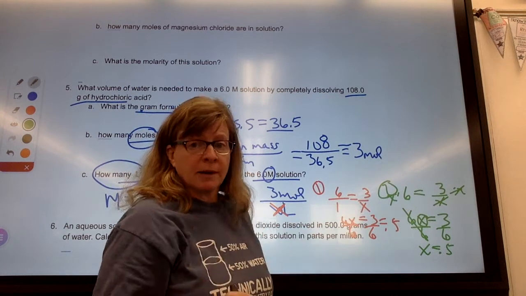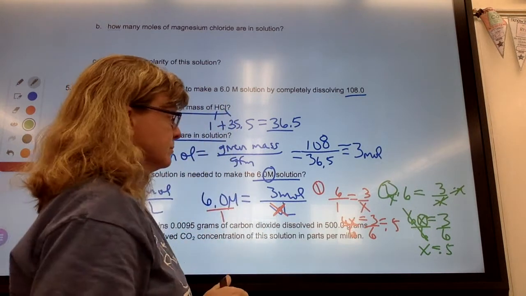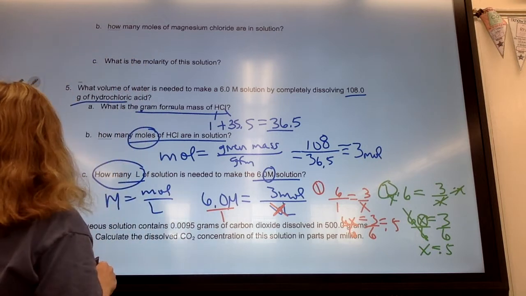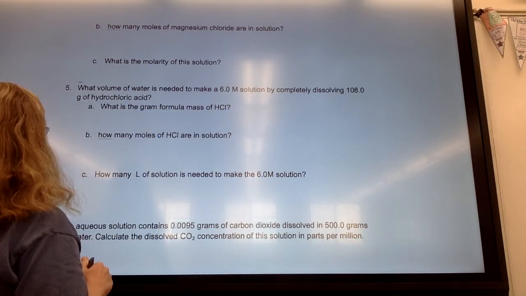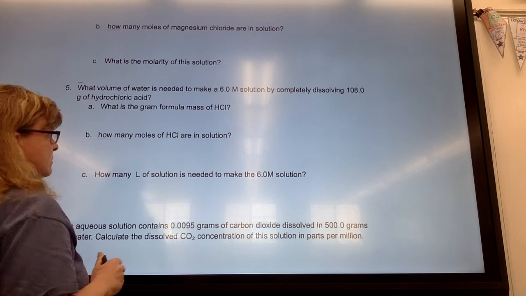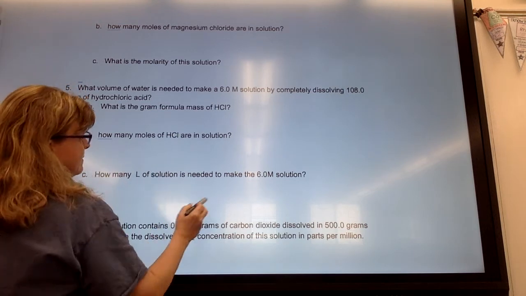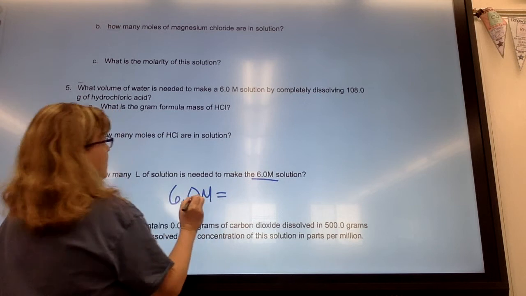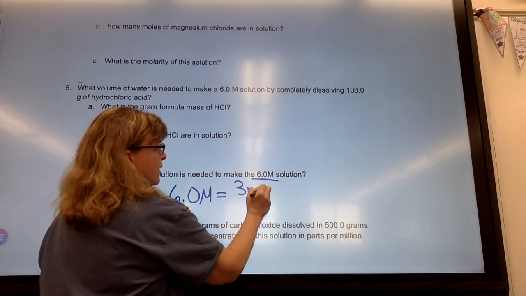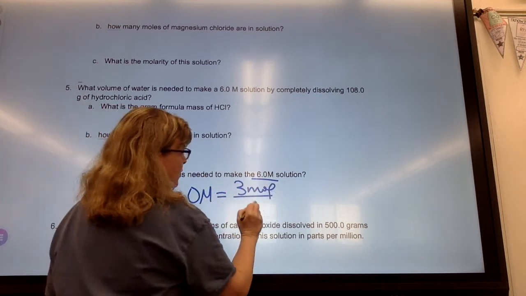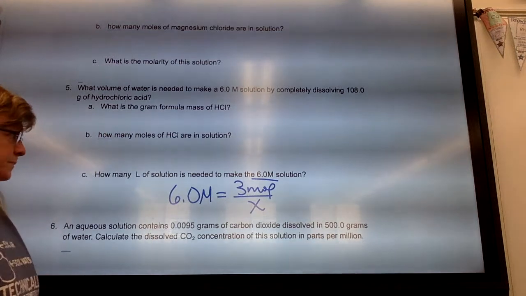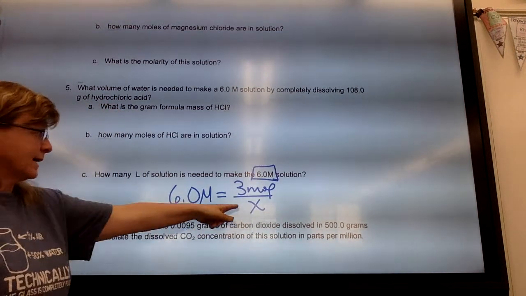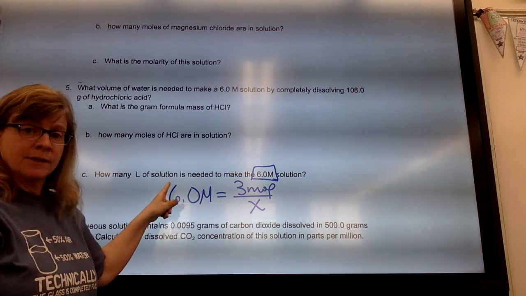I'm going to show you a third shortcut that's shorter, and you should have learned this in Algebra 1 or pre-algebra. So, back to this again. 6 molar, 6.0 molar. We already know that there's 3 moles from the previous step over x. So x is down here in the denominator, and this is up here.